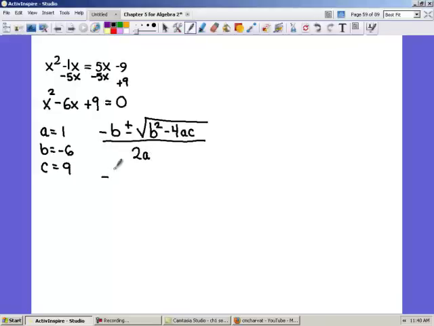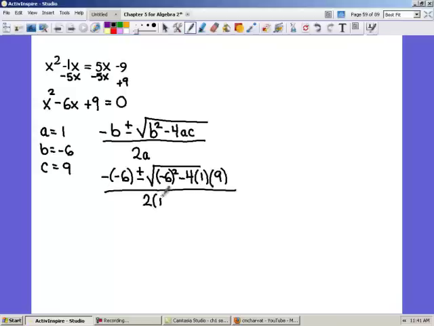So we have B, which is -6. Notice I put negative B, which is a negative, so I don't have 2 of those there. Oops, sorry. Our A is 1, and our C is 9. 2, and then A was 1.